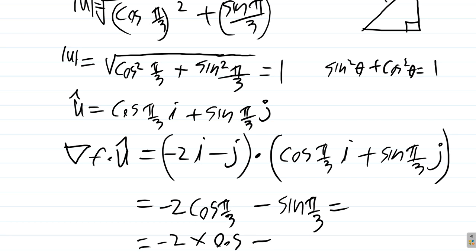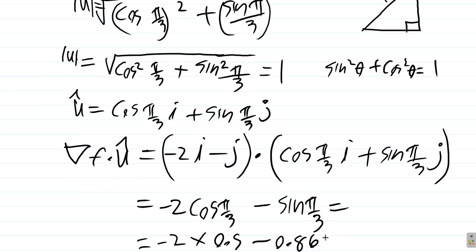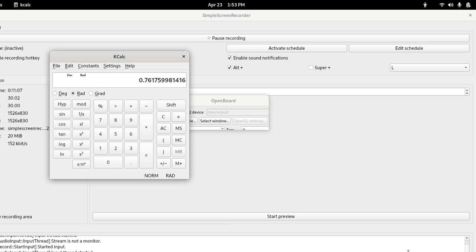Minus, what is the sine of π/3? Pi divided by 3, sine, equals 0.866. It's minus 0.866. I should really have it at more than 0.866, because they said 3 decimal places, so it's good to work it at more decimal places at first.